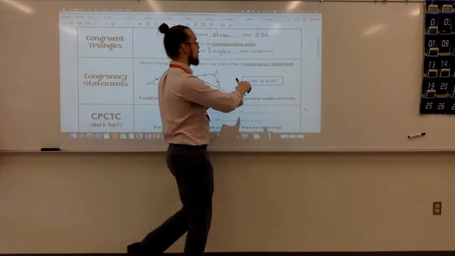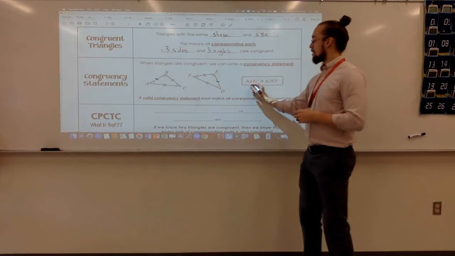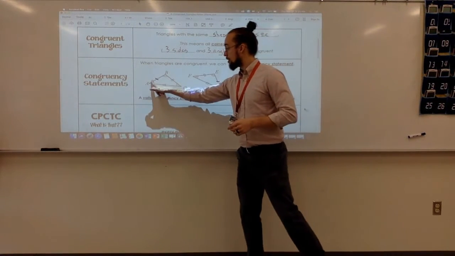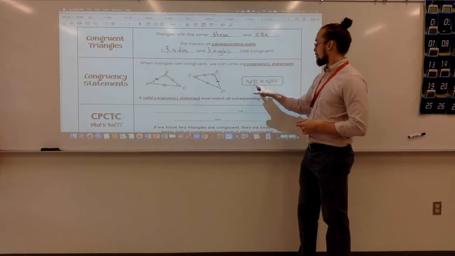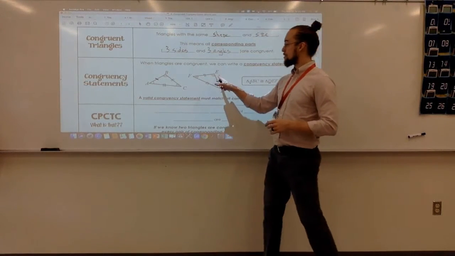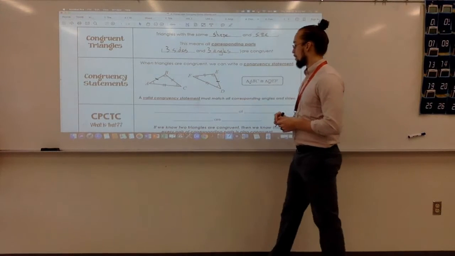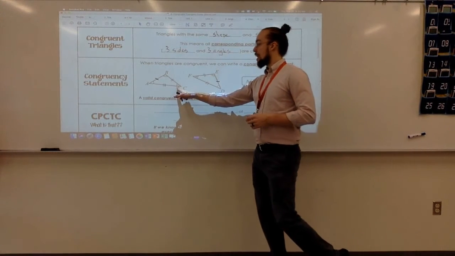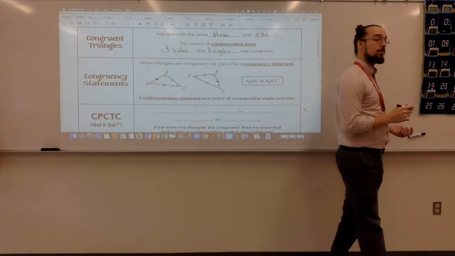What they said in this statement is that A and D have to be the same angle. And they are, they both have one arc. They're saying B and E have to be the same. They are, they both have two arcs. And they're saying C and F have to be the same because they have the same number of arcs.